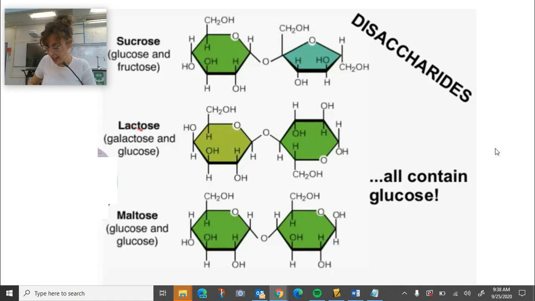For the disaccharides, also considered quick energy, I've given you the 3 important ones I want you to remember, but now let's break down what those components are, okay? So a lactose disaccharide, which we see right here, is milk sugar. It's the sugar that we find in milk.